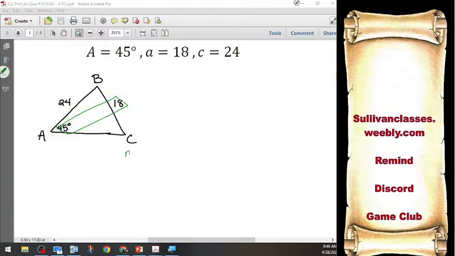So I'll go find the measure of angle C. If you want to set up, sine of 45 over 18 is sine of C over 24, cross multiply, divide, arcsine of, or the calculator shortcut is going to be 24 sine of 45 over 18.